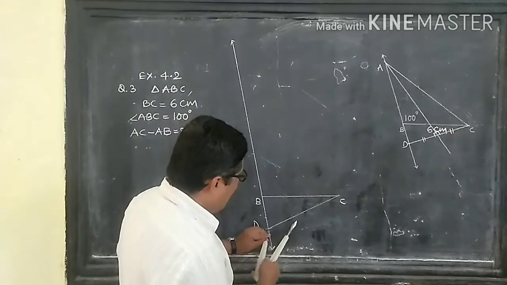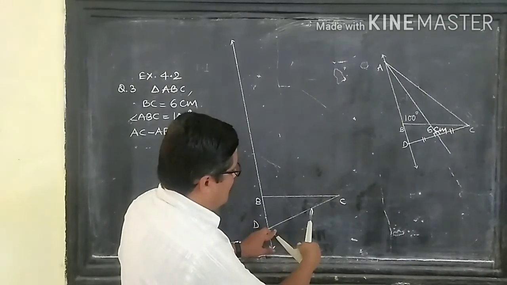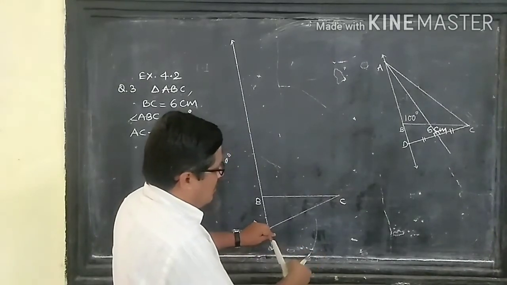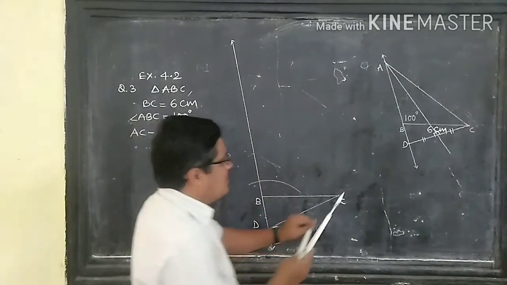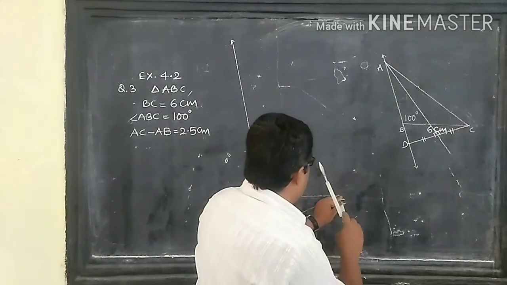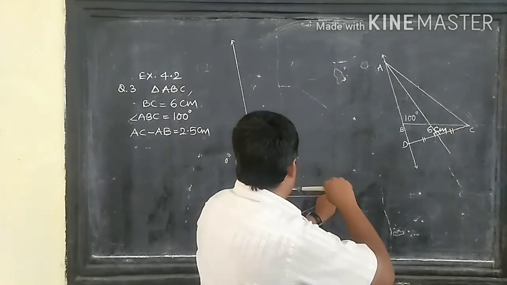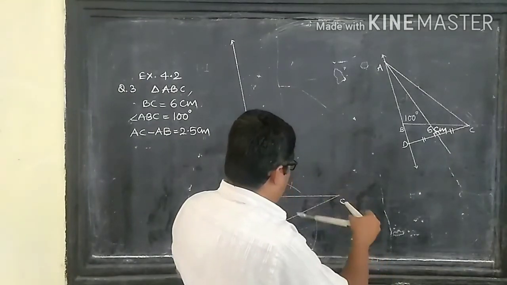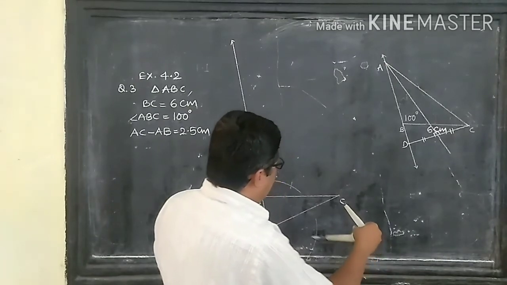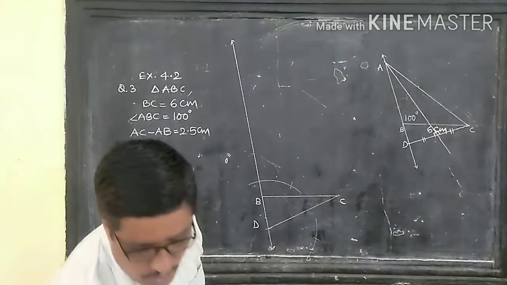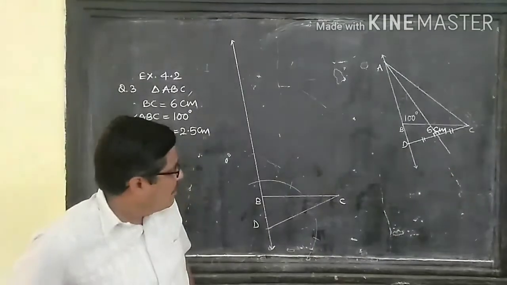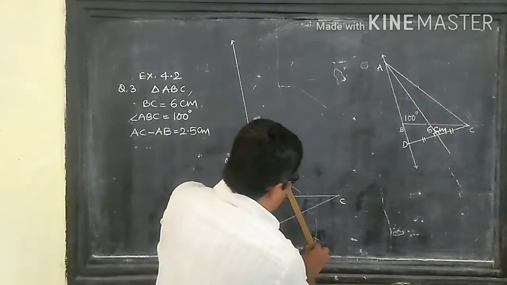So for that we have to take more than half distance. So in this way we can take more than half distance. After that, intersect it from the other point. So here we got the two points of intersection.